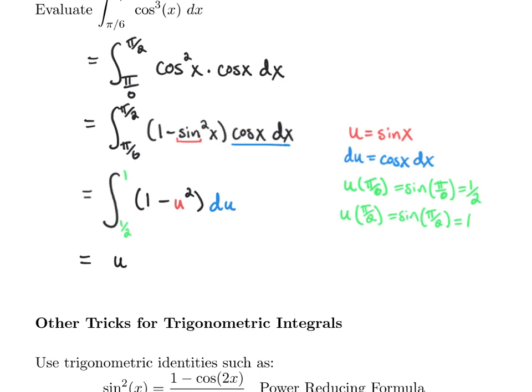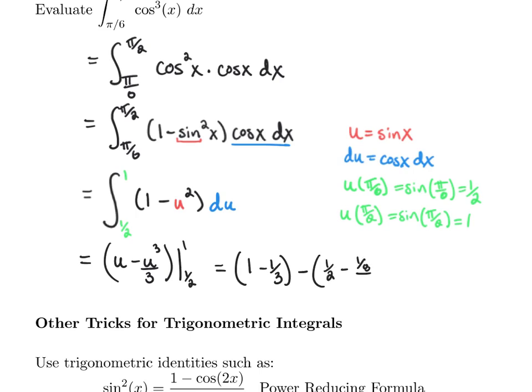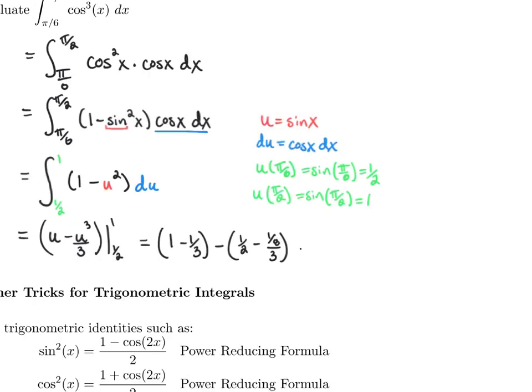So the antiderivative is u minus u cubed over 3, and we are evaluating that over the interval 1/2 to 1. So we just evaluate at 1, so 1 minus 1/3, minus, and then at a half minus an 1/8 over 3. Just do a little bit of simplifying in common denominators.